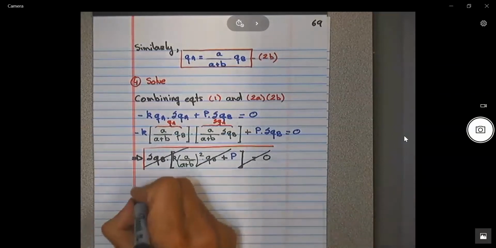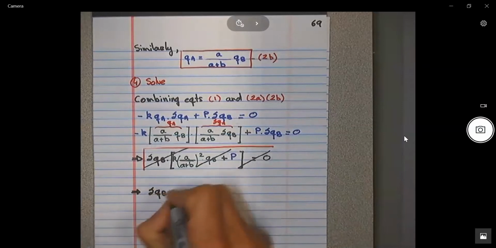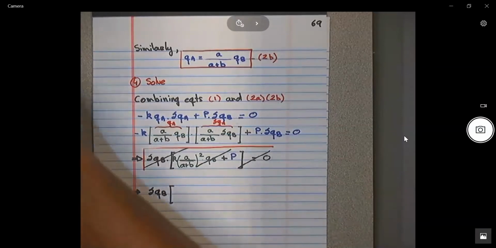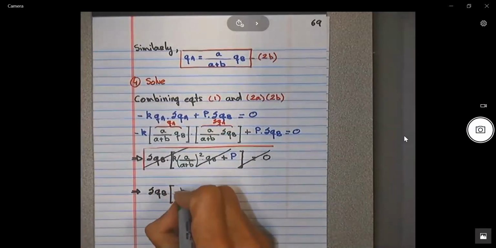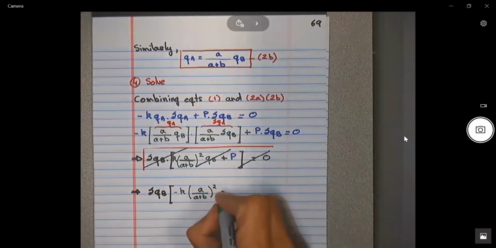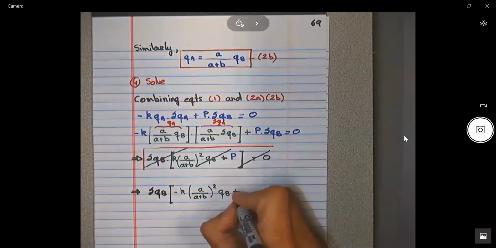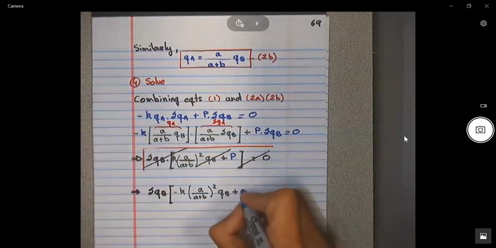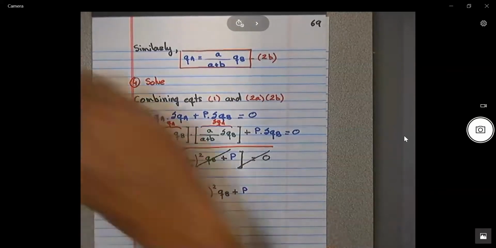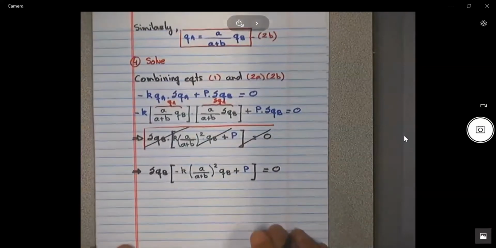So this should give us delta q sub b times minus k a over a plus b squared q sub b plus p equal to 0.